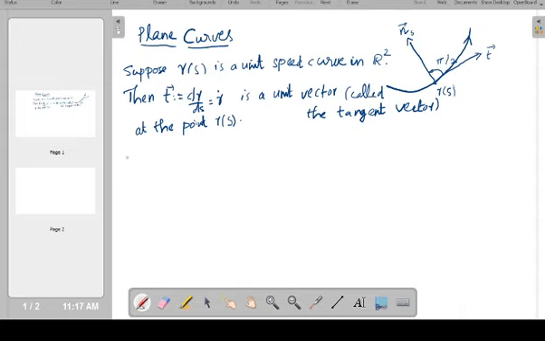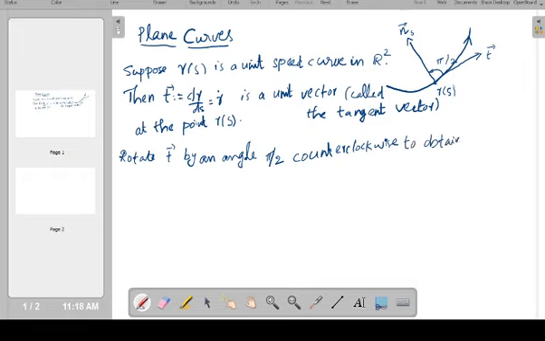So rotate vector T, the unit tangent vector, by an angle pi by 2 counterclockwise to obtain the unit vector n sub s.